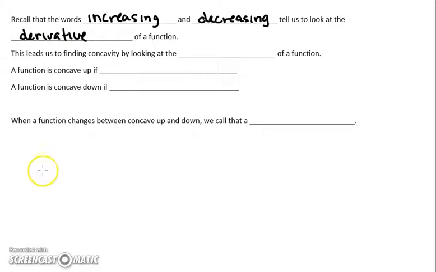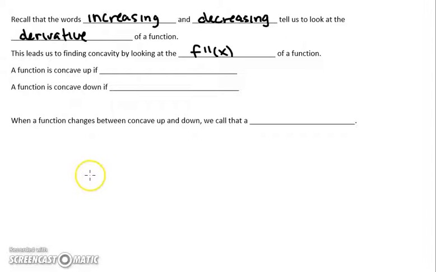So when we saw a second ago that f prime is increasing, we want to look at the increasing part of f prime. So increasing means look at the derivative. If f prime is increasing, we need to look at the derivative of f prime, which means we're looking at f double prime for concavity.